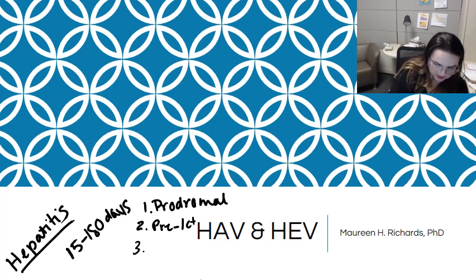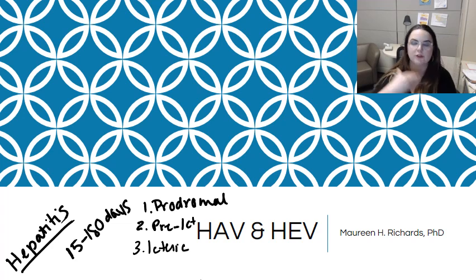Then you hit the icteric phase, and this is where the liver is fully involved. In this phase, you have dark urine, clay-colored stools, which then progresses to overt jaundice. So when we think about patients being kind of a yellow color.